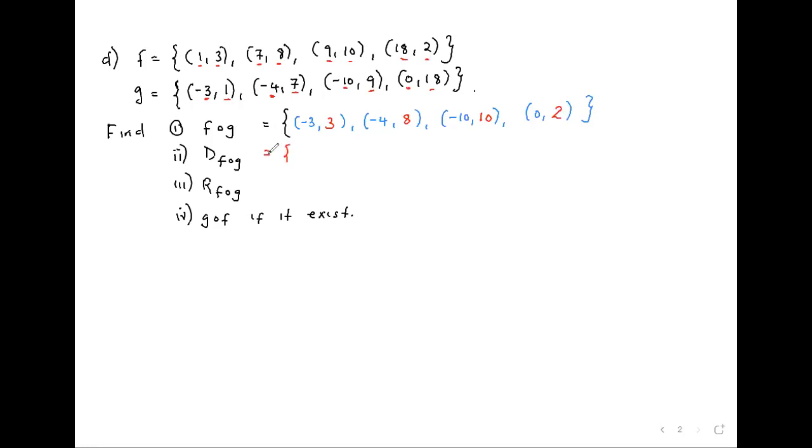So when we come here, the domain is the one in blue, -3, -4, -10, 0. Then the range is the one in red, 3, 8, 10, 2.